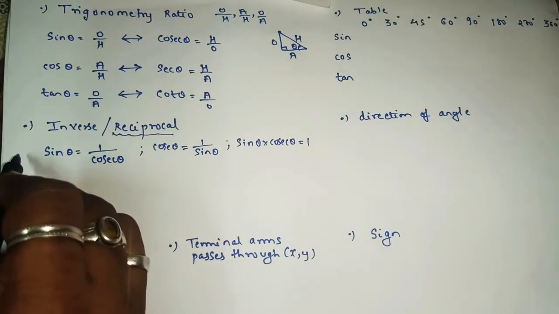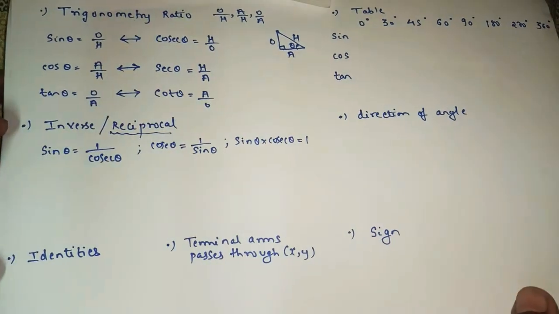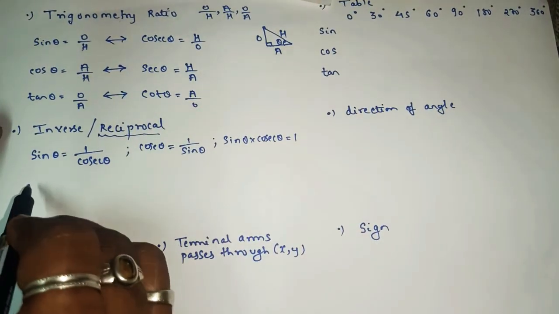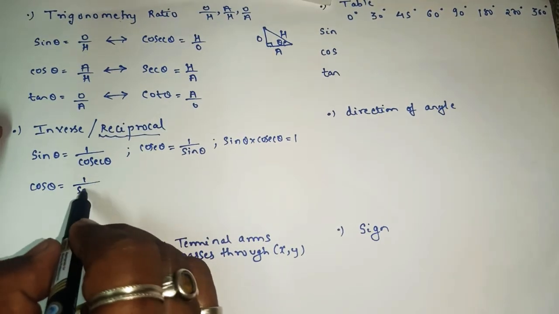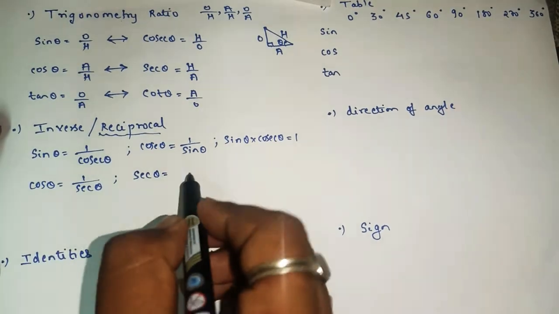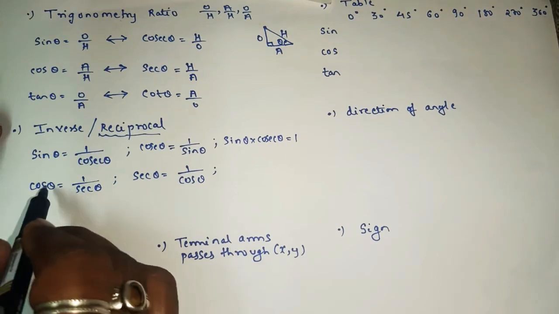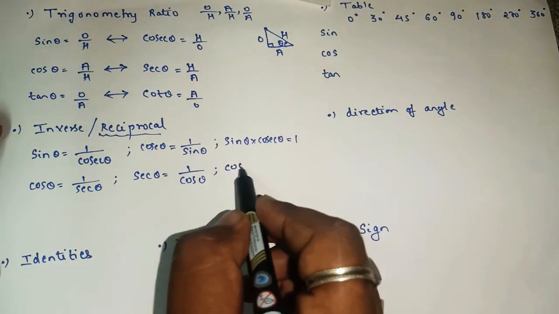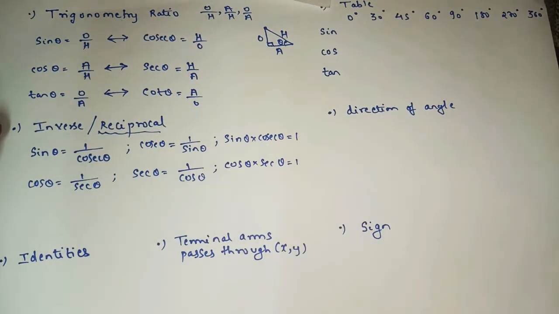Then after that, there is a relation between cos and sec. So cos theta will be equal to 1 upon sec theta, and sec theta will be equal to 1 upon cos theta. Just shift this sec to the left hand side, so cos theta into sec theta equals 1.